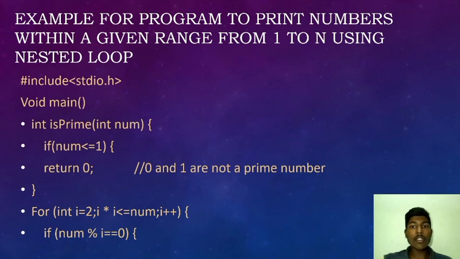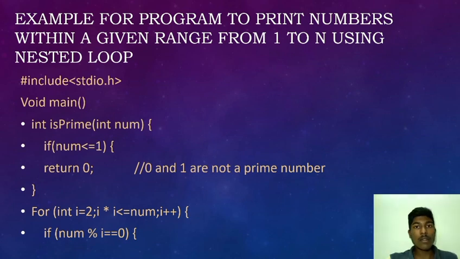First we have to check whether the number is prime or not, so we will give num less than or equal to 1. Open the bracket, return 0, because 0 and 1 are not prime numbers. Since we have given the condition as less than or equal to 1, we will get only the numbers 0 and 1 which satisfy it. So 0 and 1 are not prime numbers. We will close the brace.